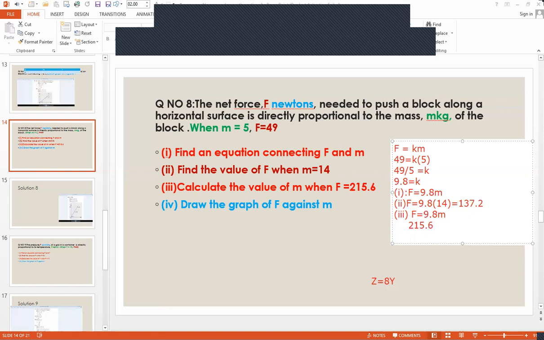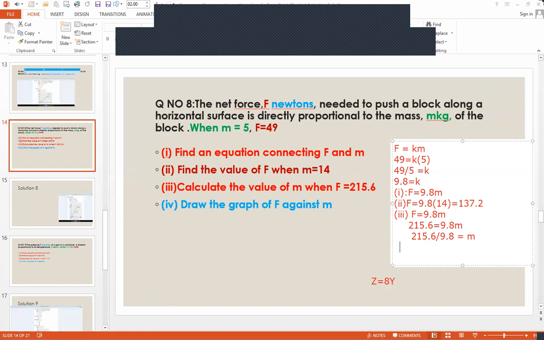215.6 is equal to 9.8 m. Now 9.8 is multiplying with m. When we have to move, it will divide. 215.6 divided by 9.8. When we have to divide, we will get the value for m.